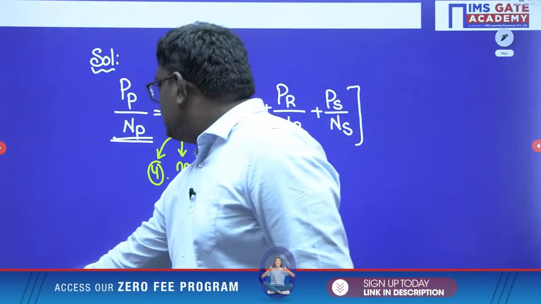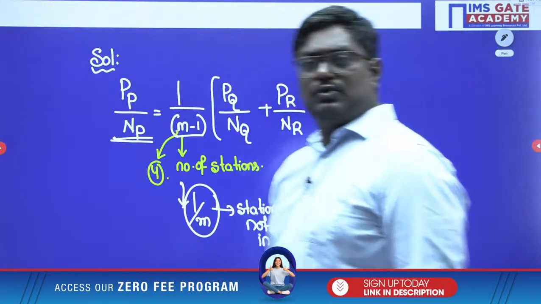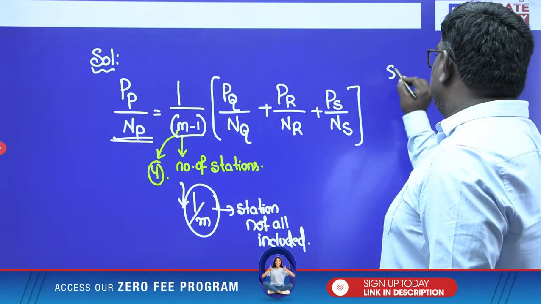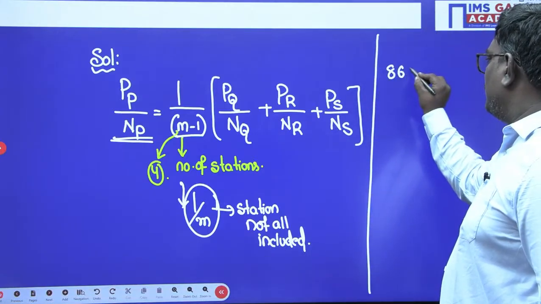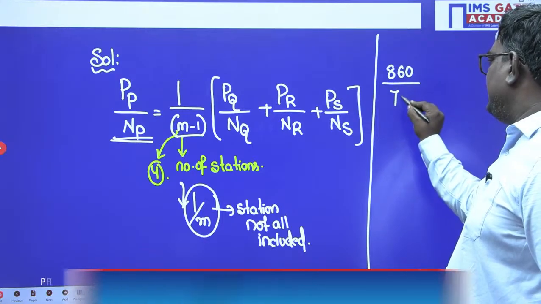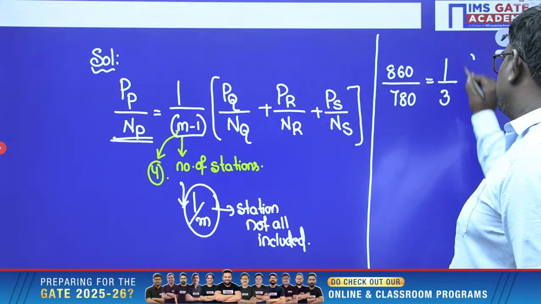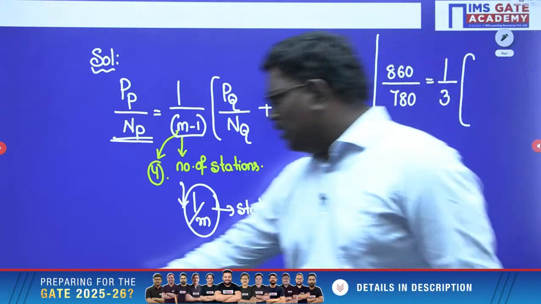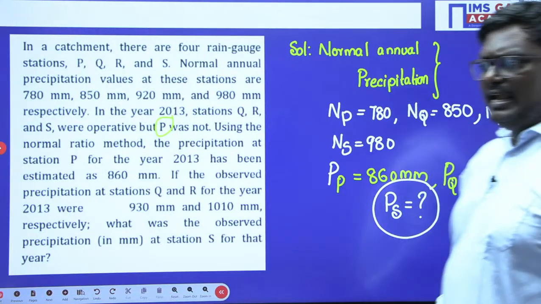Now, see students, precipitation of P is 860 and normal is 780. So, how to solve this problem? 860 upon 780 is equal to 1 upon 4 minus 1, that is how much, sir? 3. Upon what is Q? Q precipitation is how much, sir? 930 and 850.